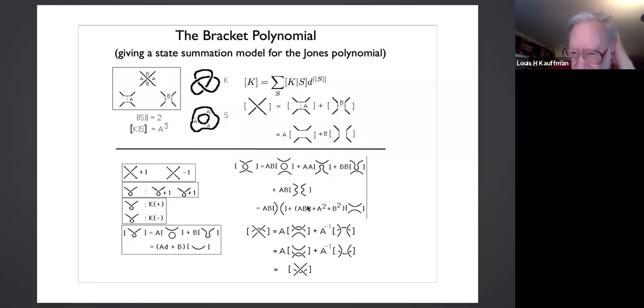We can choose it that way, and then it will be invariant under the second Reidemeister move. And now a nice miracle occurs, because it is automatically invariant under the third Reidemeister move, as seen by the next little derivation on this slide.